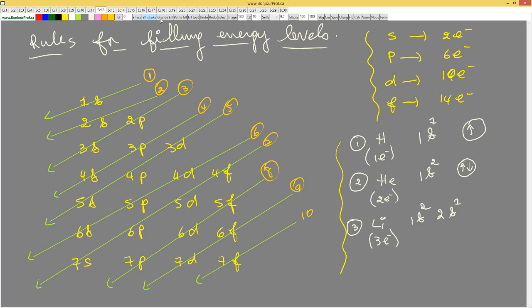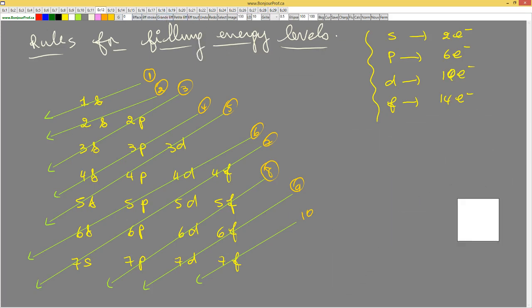Now we're going to go to more complicated ones. Say I want to do atomic number 14.